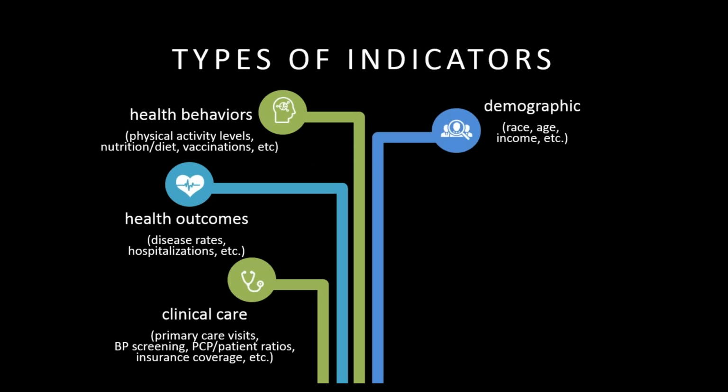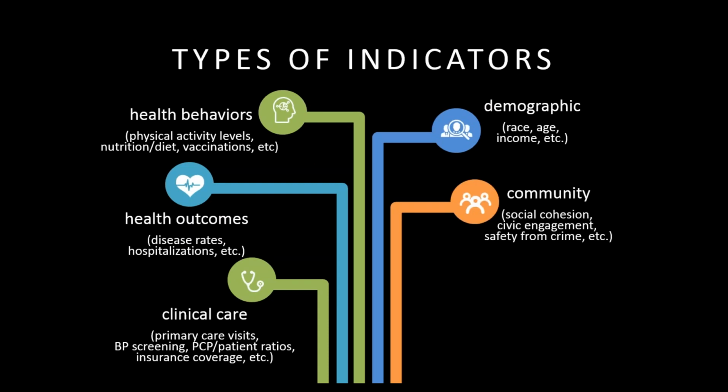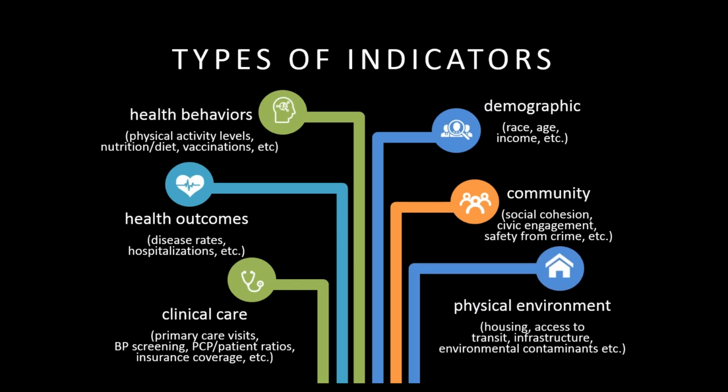There's also a lot of other factors that impact your health and that you want to capture when talking about health, including demographic information, information around community. So are you engaged? Are folks safe in the community environment? And also indicators around the physical environment.